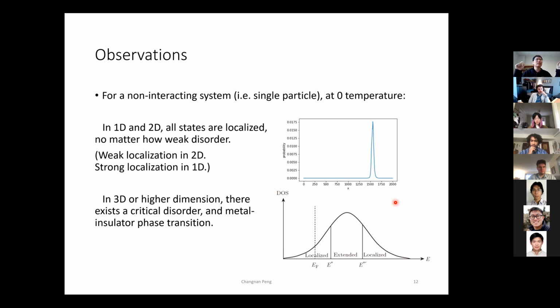Or if we bring it to the tight binding model, we can say there are random potentials on each site, and they are not correlated, or there might be some correlation between them. And the variance of the on-site random potential can be a quantification of the disorder.